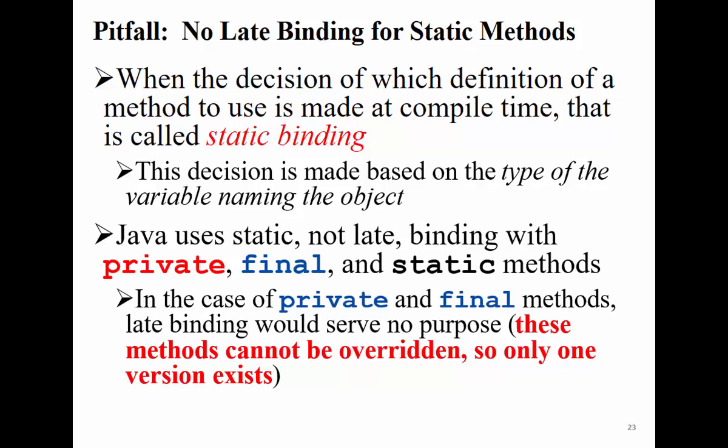So there is no point of late binding in this scenario. This method cannot be overridden, so we can only have one version of it. So if you define a final getName, okay, so getName is defined final inside Person, so even Employee cannot override it. If you define getName as static, there is only one copy of this method, okay?